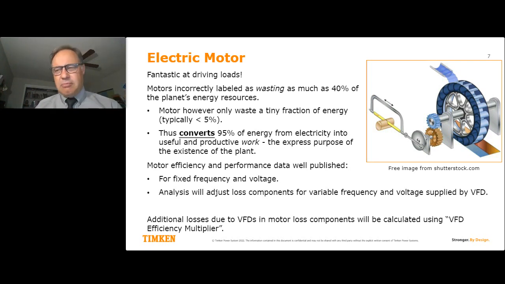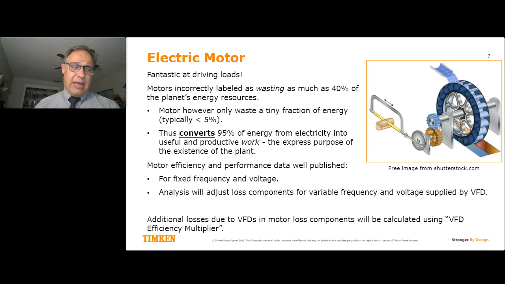This is a bit of a misnomer, because the motor actually only wastes the losses, which are typically less than 5%. In fact, the motor converts 95% of the electrical energy into productive work, and that's why I have my plant.